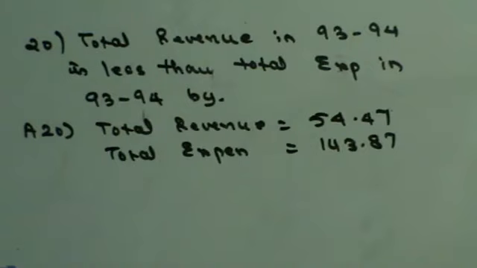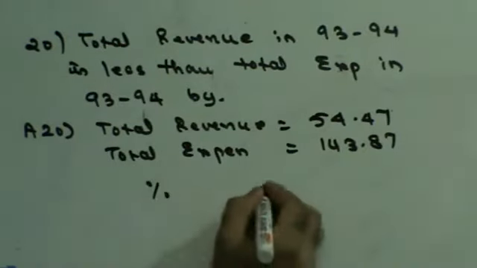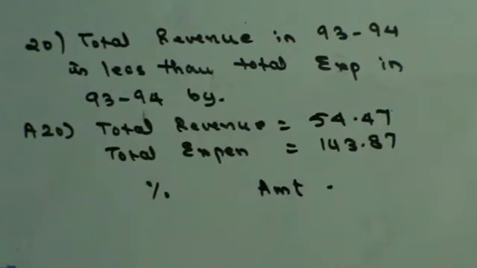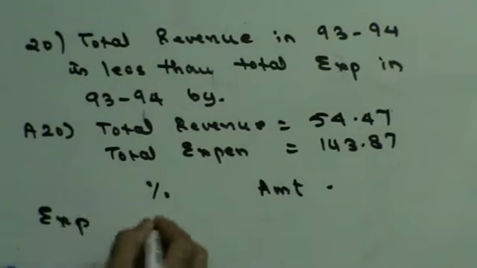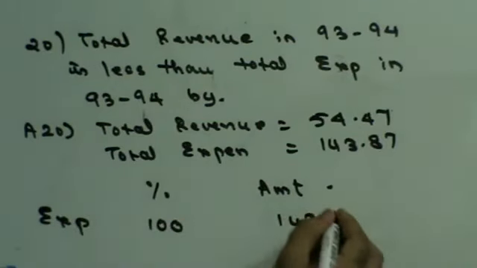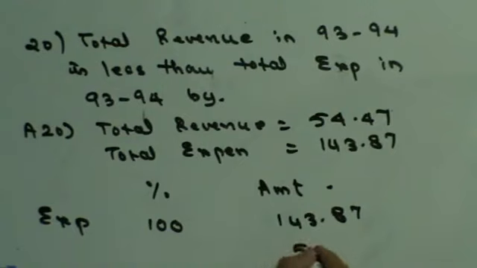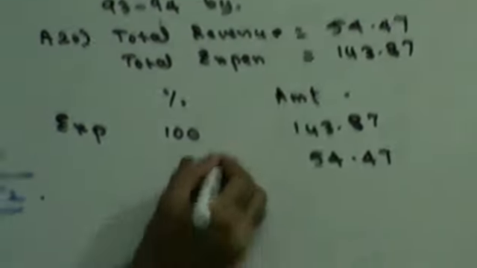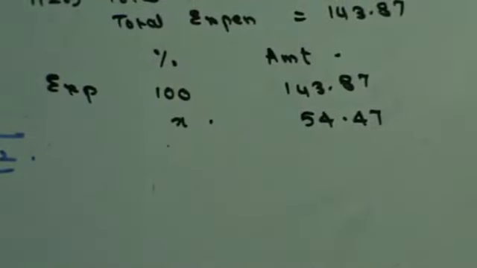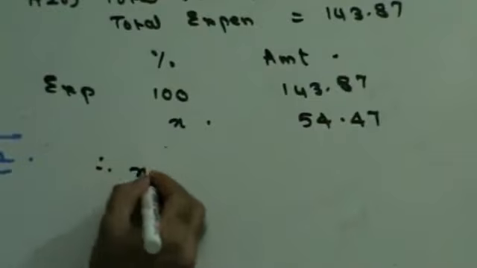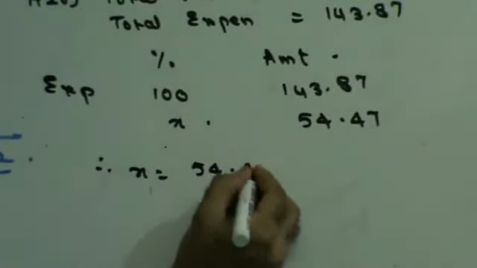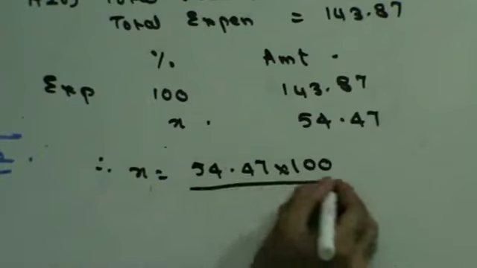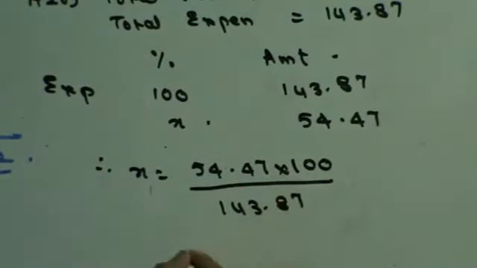See, for example, let's consider percentage amount. If I consider my total expenditure to be 100, 100% is 143.87. So my total revenue is 54.47. I'll come to know what is my percentage of total revenue to total expenditure. When you solve this, you will get X is 54.47 into 100 divided by 143.87, which is 37.86%.